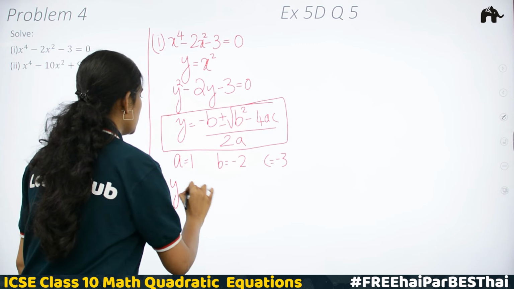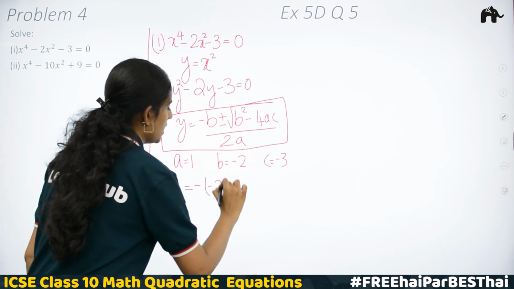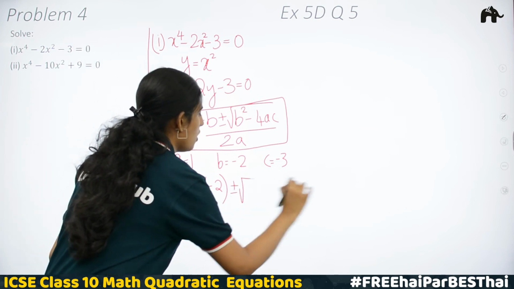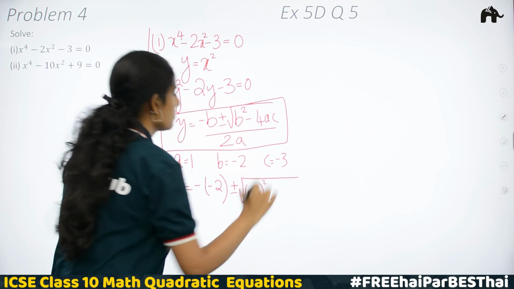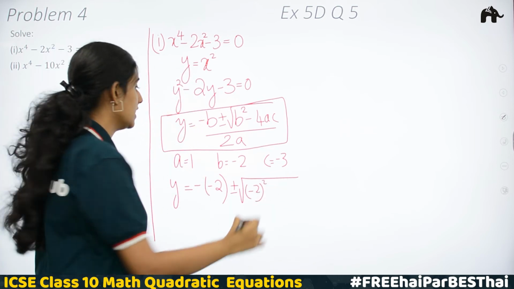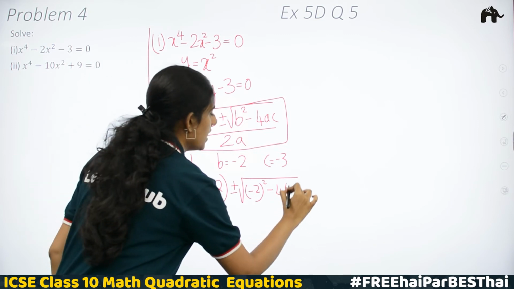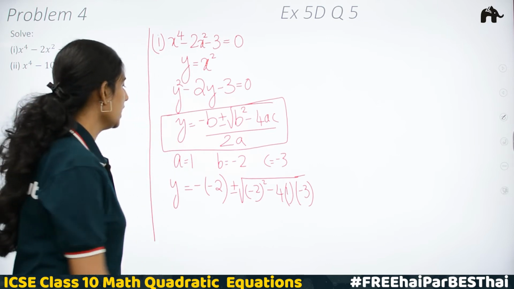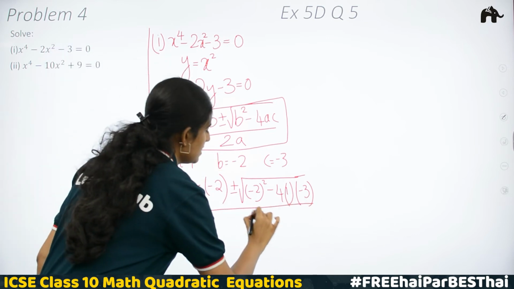Y is equal to minus b, that is minus of minus 2, plus or minus root of b square, minus 2 square, minus 4ac, that is minus 4 into, here a is equal to 1 and c is equal to minus 3. Okay, divided by 2a, 2 into 1, that is 2.